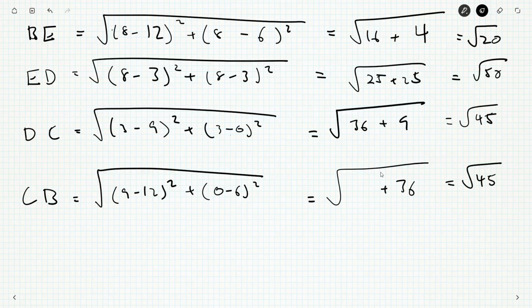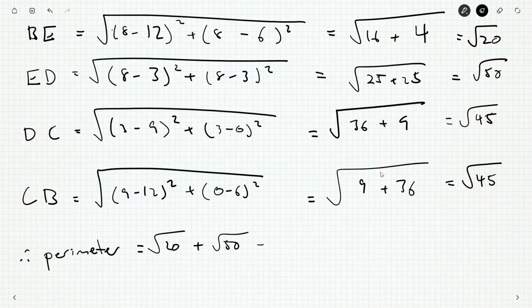Now, what are we to do? I think this could be cleaned up a little bit. So root 20 plus root 50 plus root 45 plus root 45.